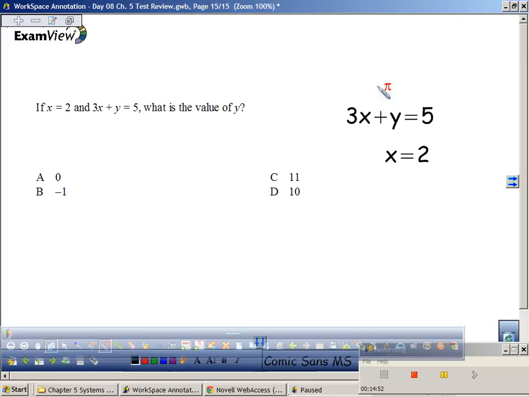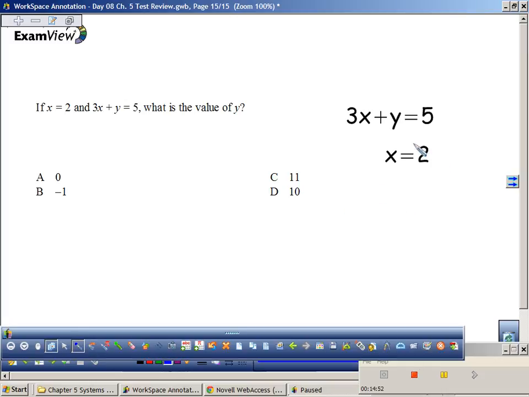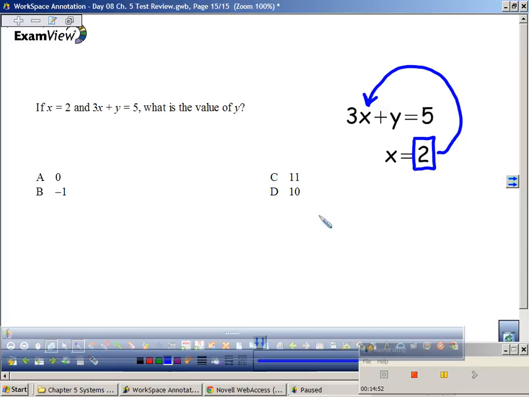Okay, so how would I solve this particular system of equations? Exactly. I know that x already equals 2, so the easiest thing to do would be to substitute 2 in for x. It's asking me what is the value of y. That's important too, right?